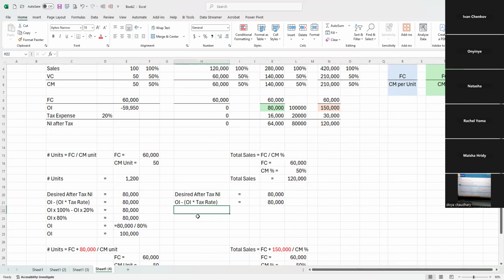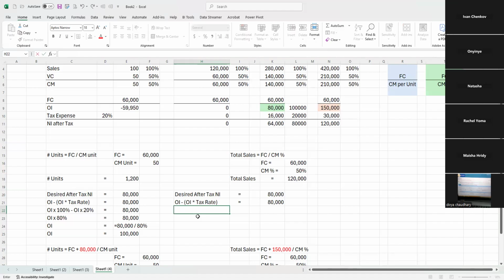So the other way you can do it is operating income minus, 1 minus tax. No, hold on a second. 0.2 operating income. Correct? Yeah.